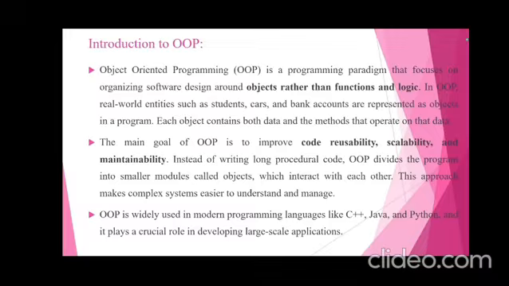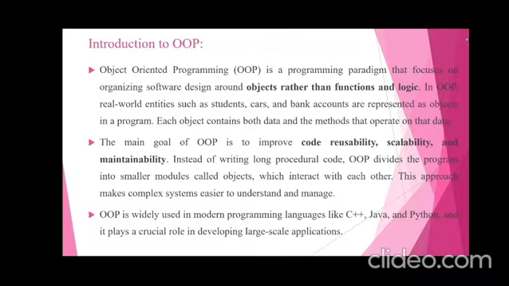So here it means using object-oriented programming, we can reuse the same code in multiple places. We can easily expand the program when needed, and it becomes easier to maintain and update the code without affecting the whole system.